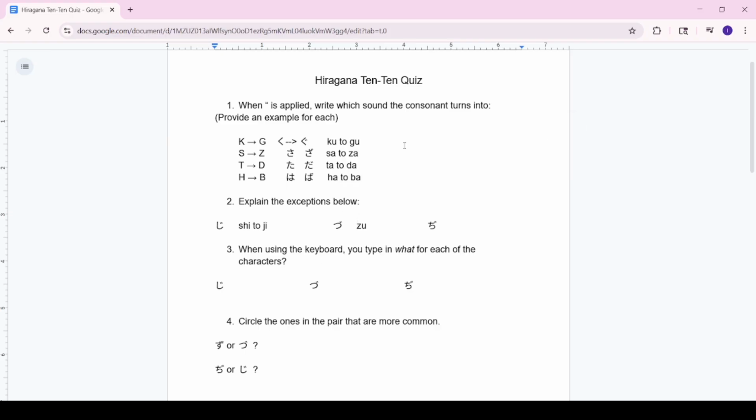Tsu to zu. Where normally you'd think do. Normally for the S sounds you think, because it's S to Z, you'd think Z. And then T, tsu, you would think it'd go to a D sound, so like do, but it's zu.